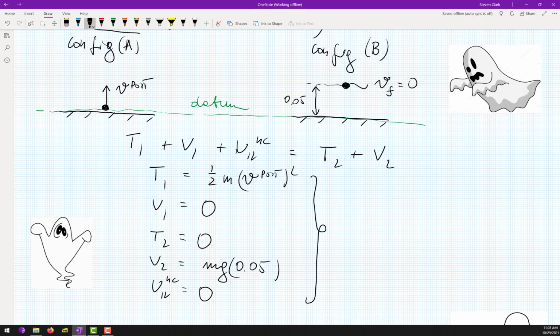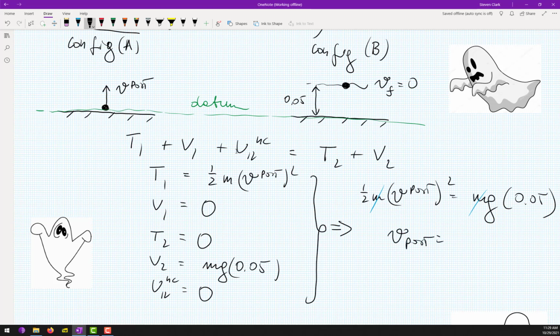Okay, plug everything back into our equation, and we'll end up with 1/2 m v post squared equal to mg times 0.05. So our v post is equal to the square root of 2g times 0.05, and v post is approximately 0.990 meters per second.